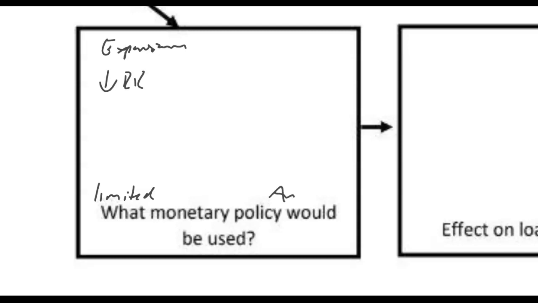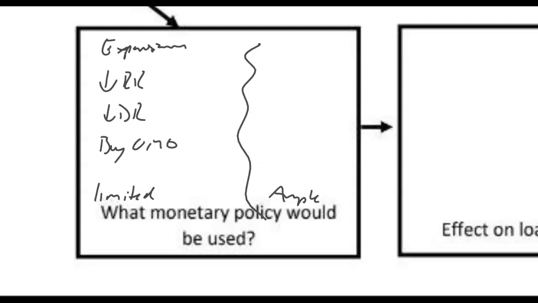Again, there's also the ample reserve, and we'll find another video on that if you want. Okay, decrease the discount rate or buy through open market operations. They'll be buying some securities. And this is from the perspective of the Federal Reserve or the central bank.